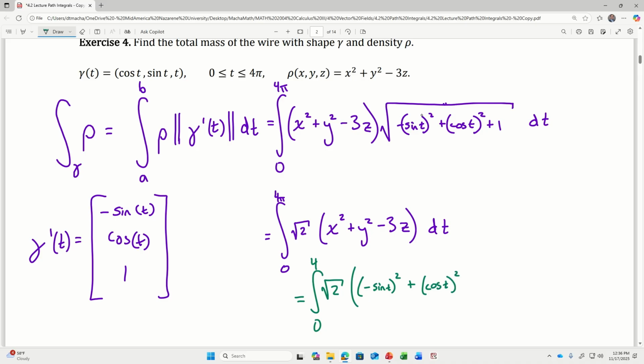And, oh, sorry, that's wrong. My bad. Let me fix that. X is cosine of t, and y is sine of t, and z is t. So whenever I have the x, I'm going to replace that with cosine t. When I have the y, I'm going to replace that with sine of t. When I have z, replace that with t.